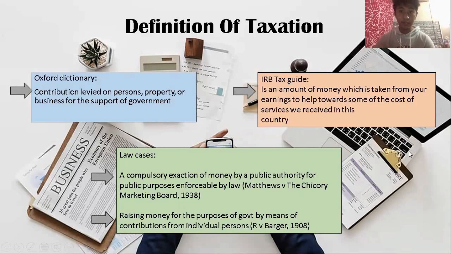The first is a compulsory exaction of money by a public authority for public purpose, enforceable by law. The example is Matthews v Chicory Marketing Board in 1938. The second is raising money for the purposes of government by means of contributions from individual persons. The example is Berger in 1908.